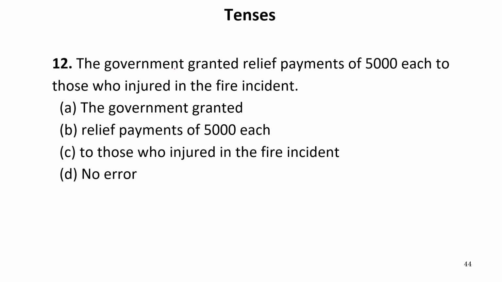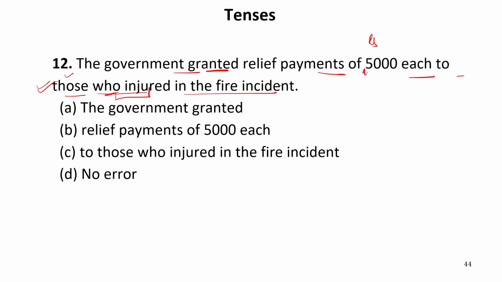So if we see the sentence carefully, it is written the government granted relief payments of rupees 5,000 each to those who injured in the fire incident. Now look at this part, to those who injured. Now this part is basically an active voice, but we are talking about those people.